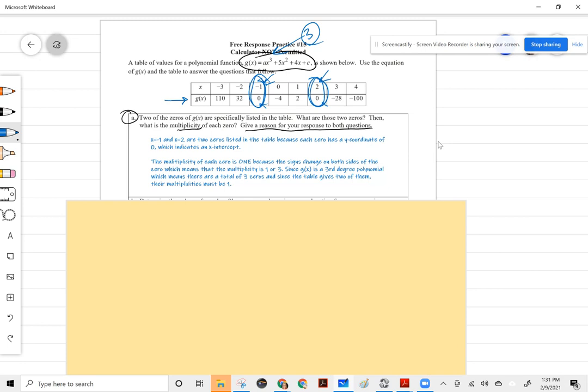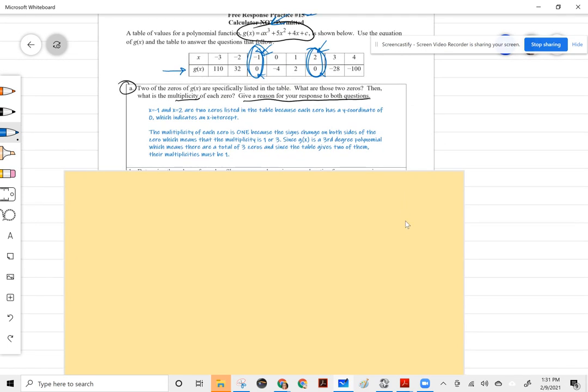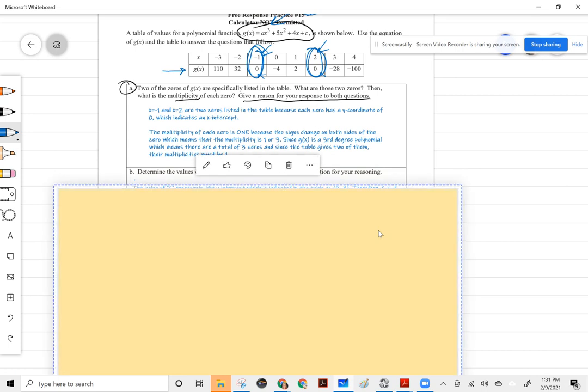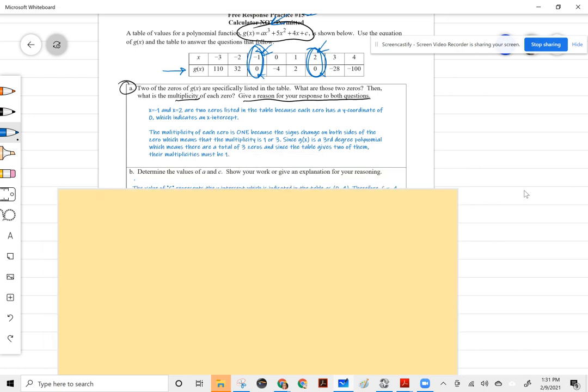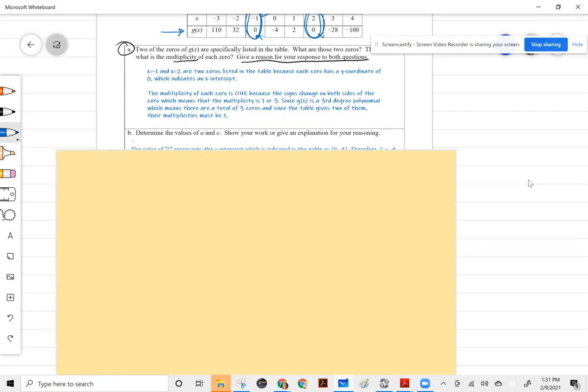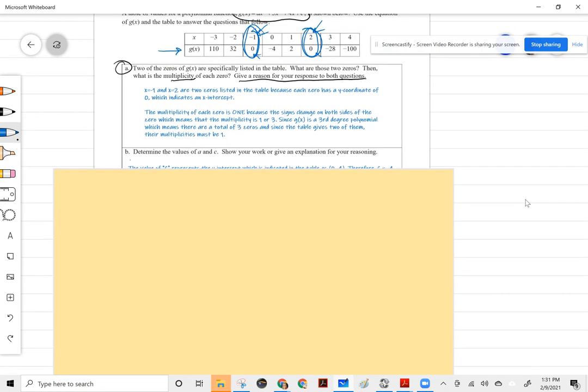All right, so now let's take a look at number 2. We were supposed to determine the values of A and C and then show your work or give an explanation of your reasoning.